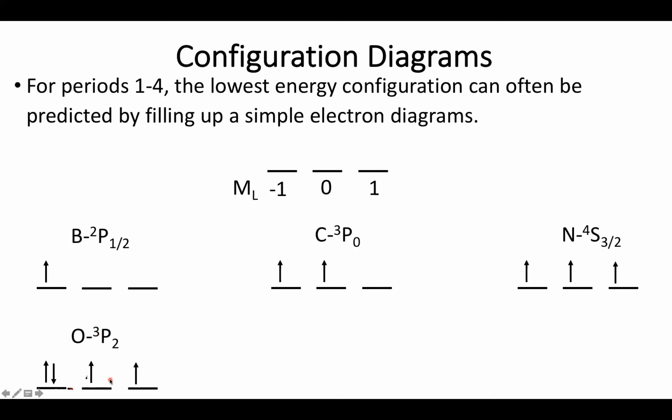One of the things you should note is that because of our rules, these will tend to add together to give you a J of 2. Some people, in order to convey this, like throwing the third electron in the +1 orbital to emphasize that the directions should be additive. So we have a triplet P with a J of 2 for oxygen.